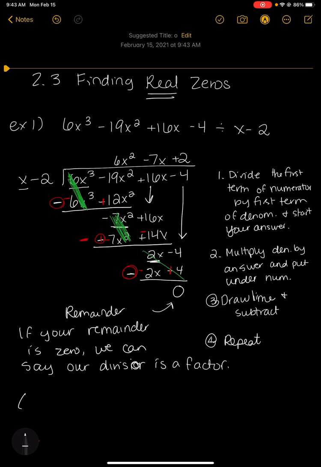So we can say x minus 2 is indeed a factor of the original problem, 6x cubed minus 19x squared plus 16x minus 4.